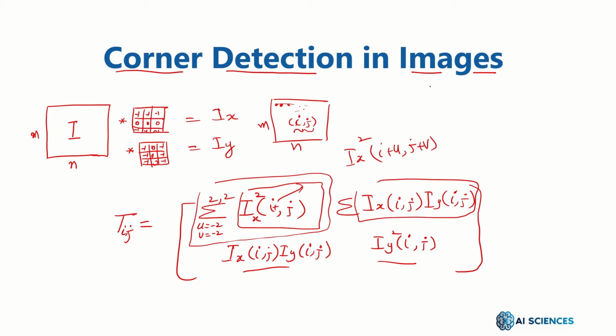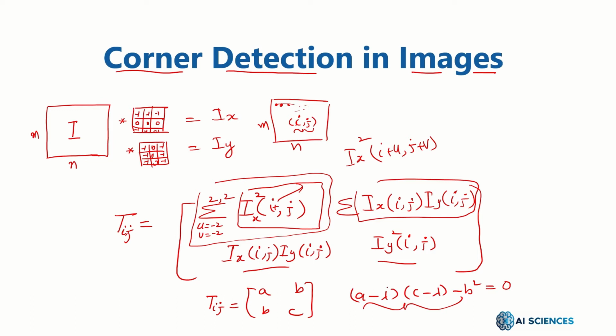Next, we want to compute the eigenvalues of this Tij. Consider this matrix Tij as A, B, B, C. The characteristic equation looks like (A minus lambda)(C minus lambda) minus B squared equals 0.